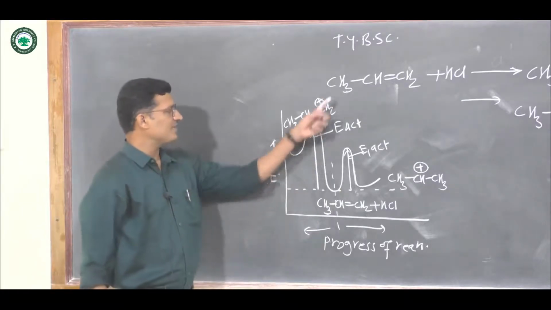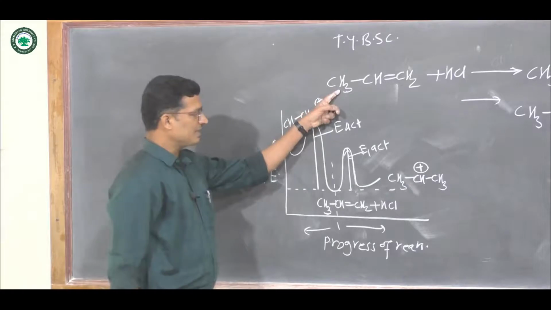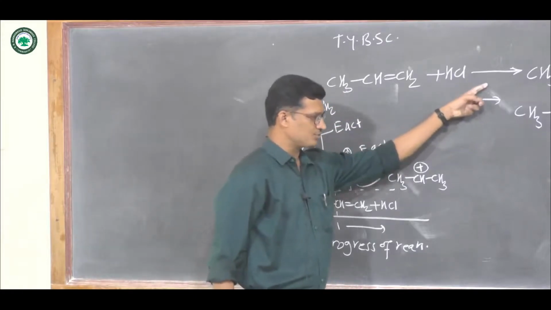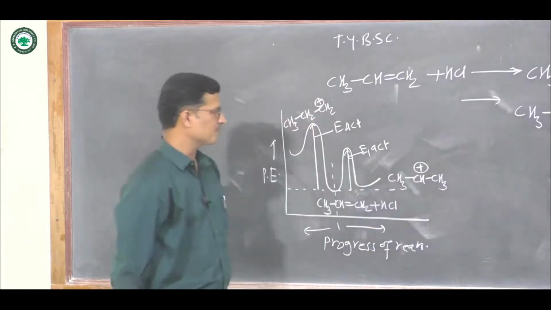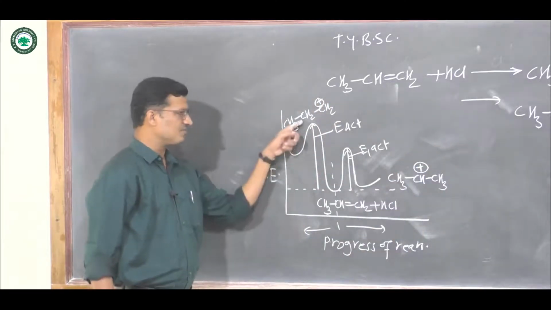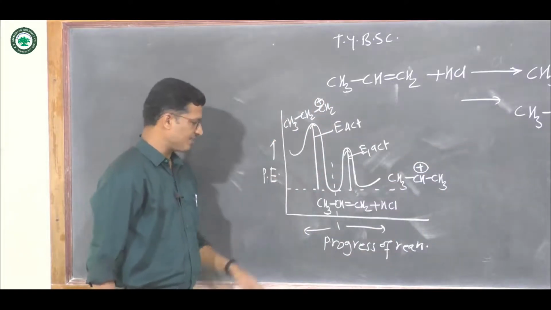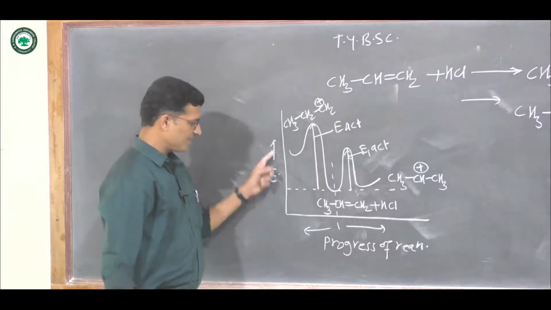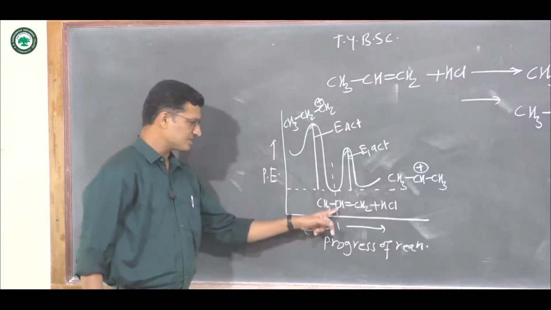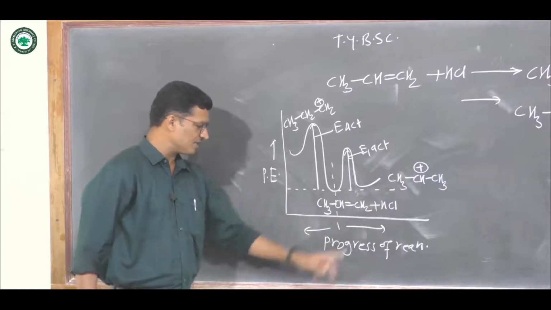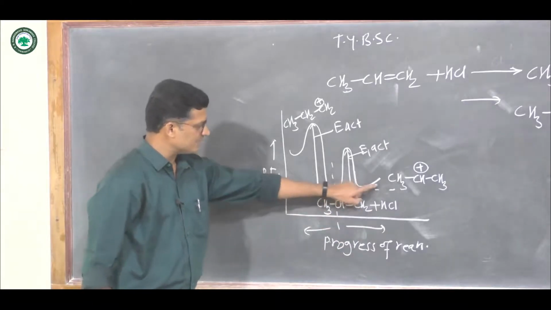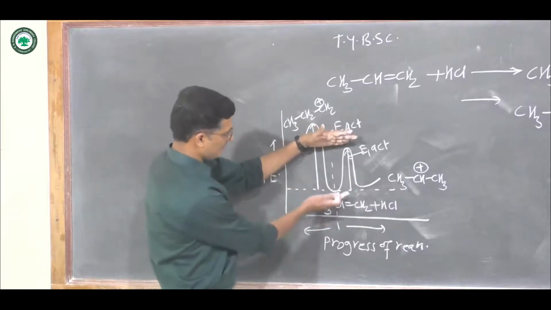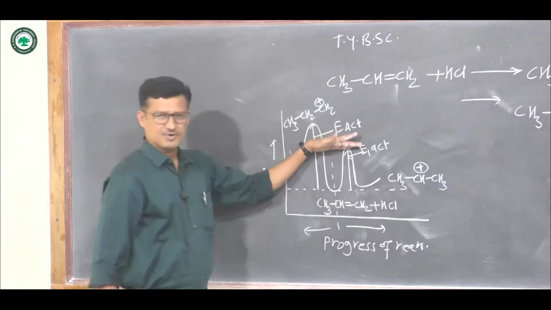So what happens when you take propene? In the first step, there is formation of two products, secondary carbocation and primary carbocation. And we remember, when we prove it by the energetic way, from this energy profile diagram, this is your starting compound, treated with HCl, then the progress of reaction, and when the secondary carbocation is formed, we see this much amount of energy is required.